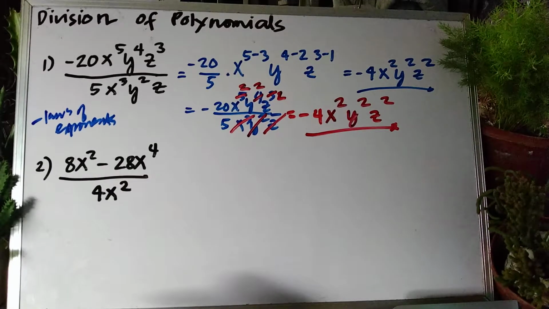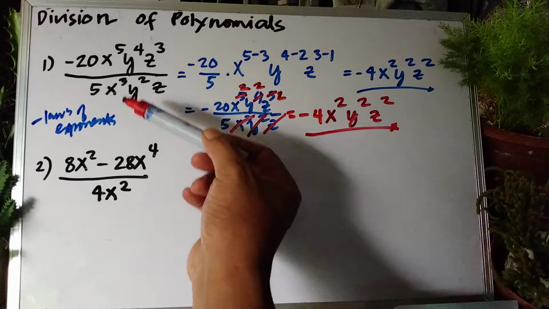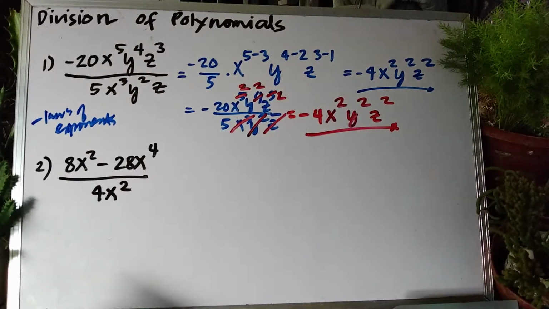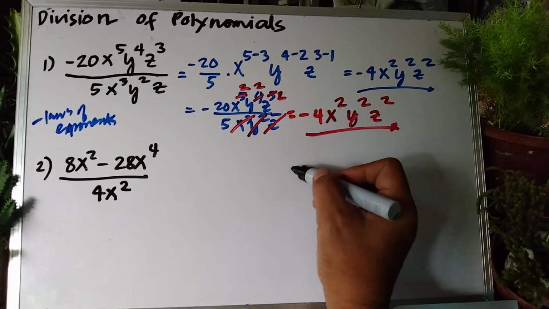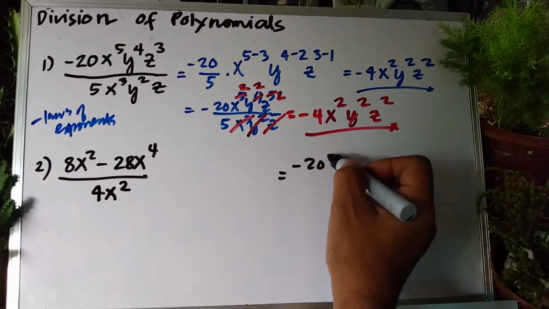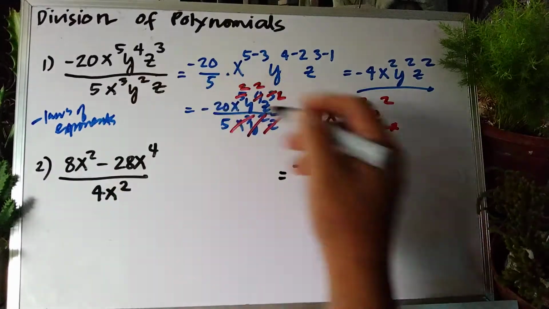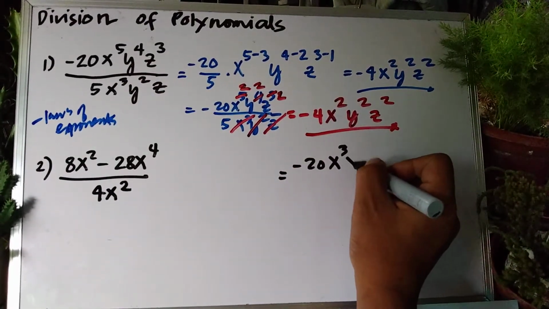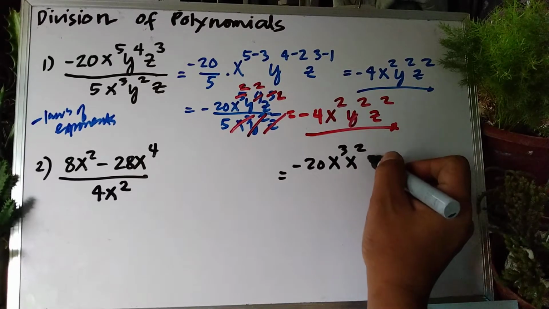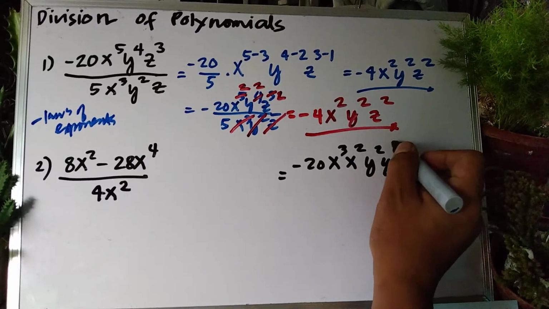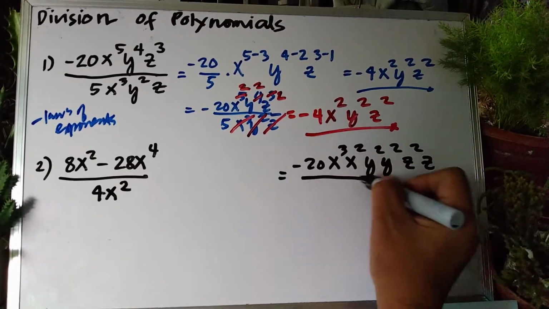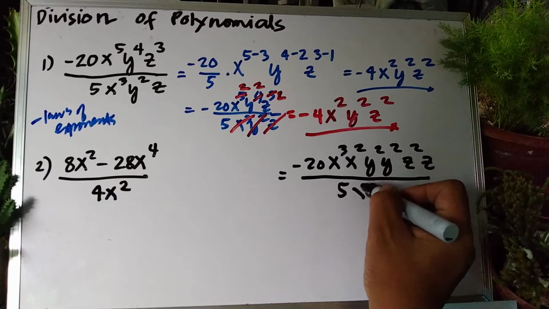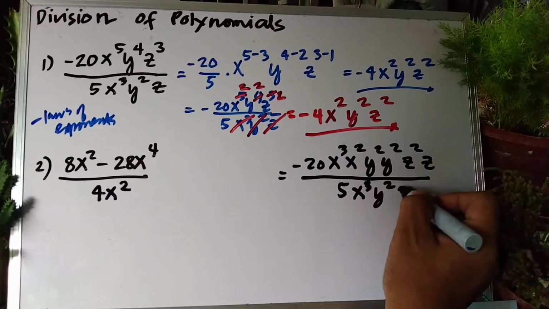Depende yan sa pag-atake ninyo how you would simplify an example like this, a monomial divided by a monomial. Kuha ninyo? Or, pwede din lang ganito. Negative 20, from the given, i-factor natin yung x, si y i-factor din natin. Kumbaga, bungkago na to: x squared, y squared, z squared, and z, all over 5 x cubed, y squared, and z.